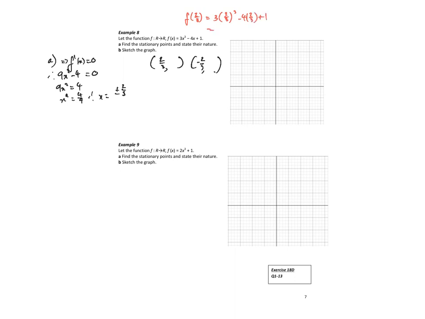So 2/3 cubed, if I cube the top and cube the bottom, I get 3 times 8 on 27 minus 4 times 2 is 8 on 3 plus 1. Make them all on 27. I get 24 on 27 minus 72 on 27 plus 27 on 27. So 24 plus 27 is 51, gives me negative 21 on 27.